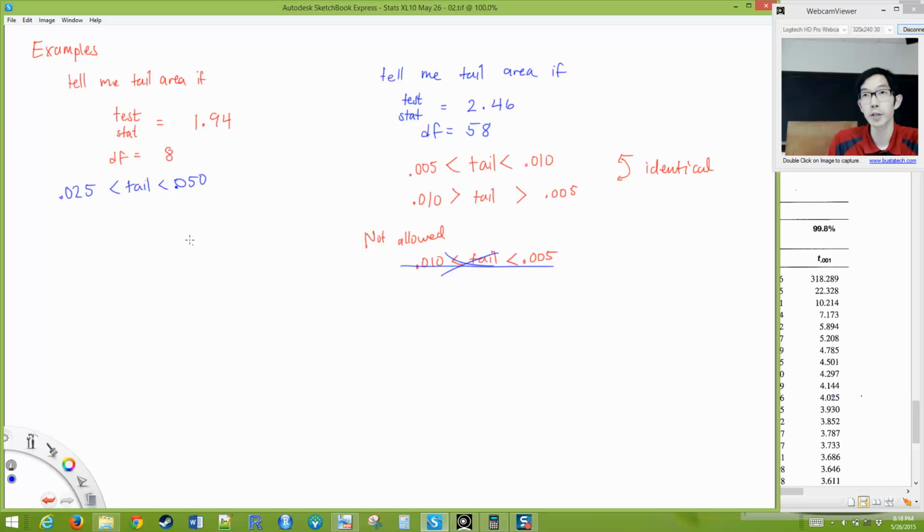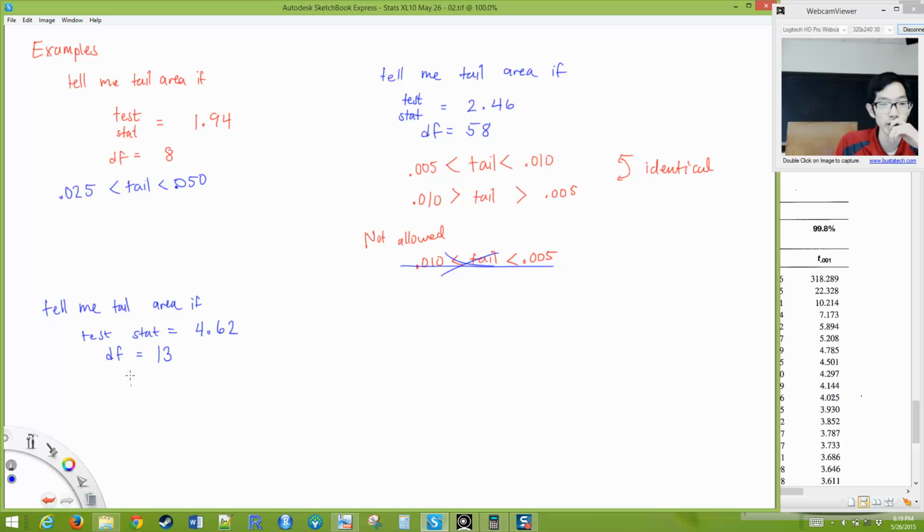Okay, is that okay? All right, let's try something else out. What if, tell me the tail area if your test statistic is equal to 4.62 and you have degrees of freedom equal to 13.